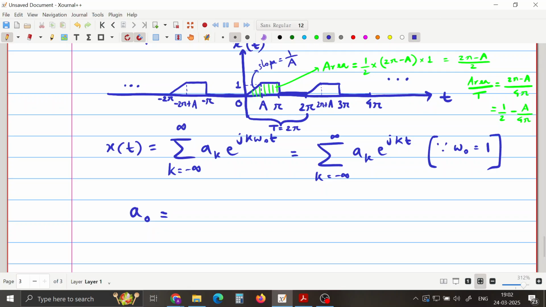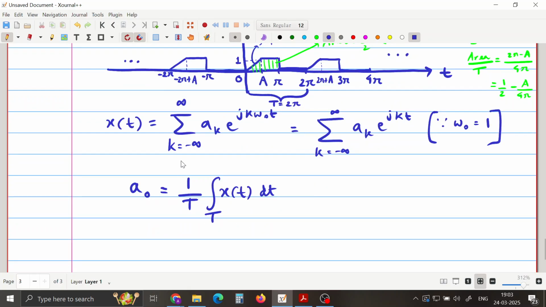So now let us see if our calculation also gives the same value or not. So a naught, by our formula, we know that it is given by the average value of the signal over one time period, given by this.